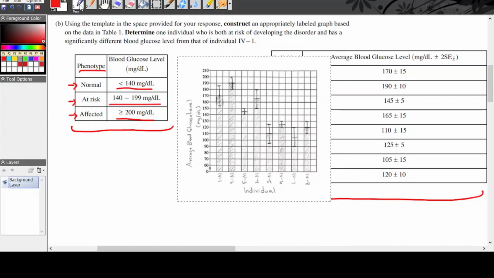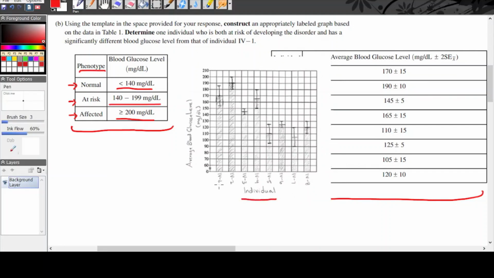You have the x-axis, which represents the individuals of the fourth generation, and the y-axis, which represents the average blood glucose level of each one of those individuals. And if you compare this graph with the table given in the picture, you can clearly see each individual matches the right blood glucose level as well as the right uncertainty in his or her blood glucose level.